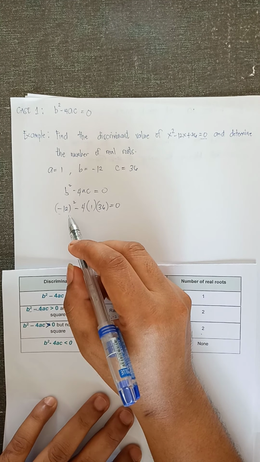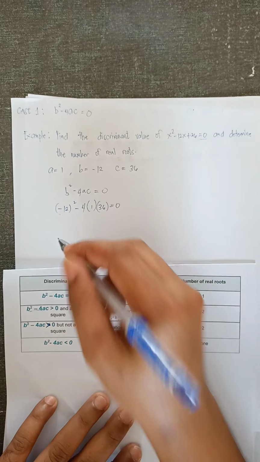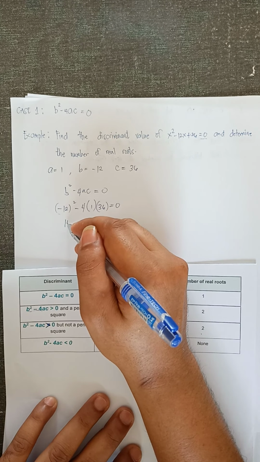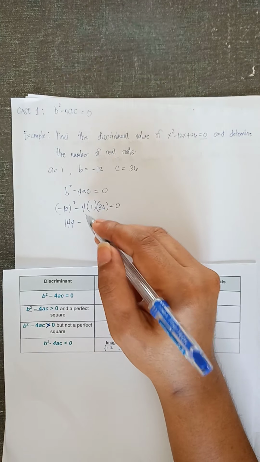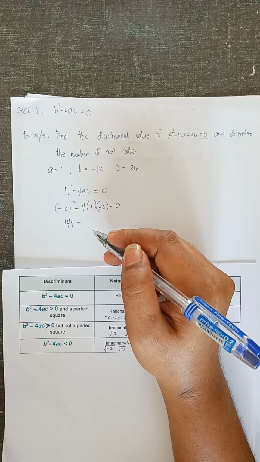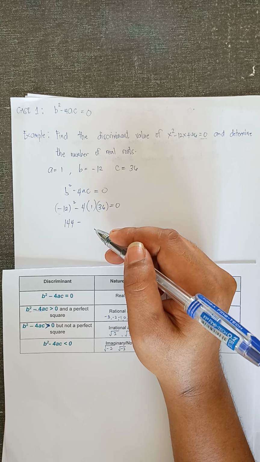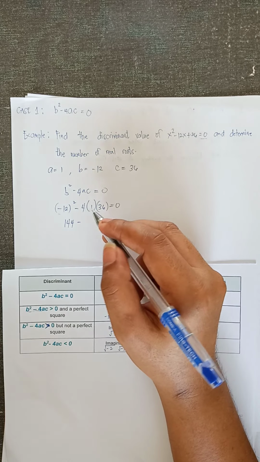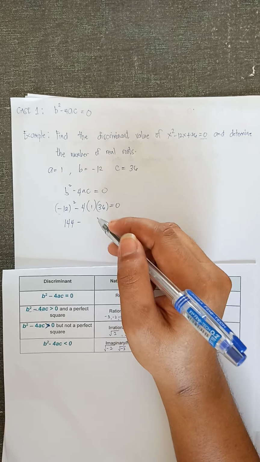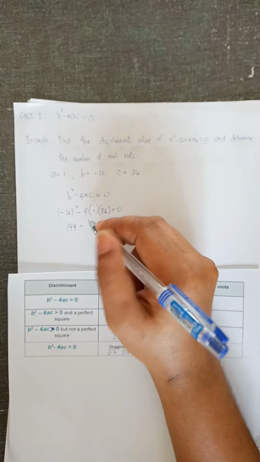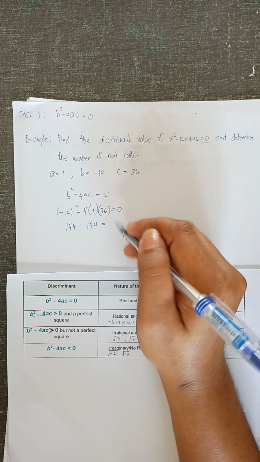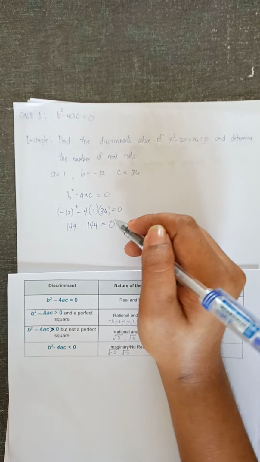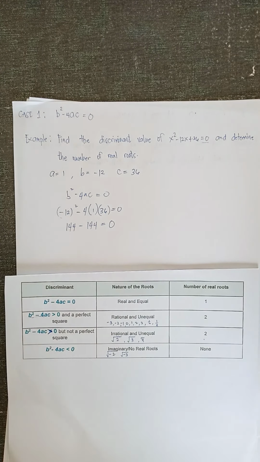The square of negative 12 is 144 minus, what is 4 times 1? 4 times 1 is equal to 4 times 36, that is equal to 144, all over, it is equal to 0.